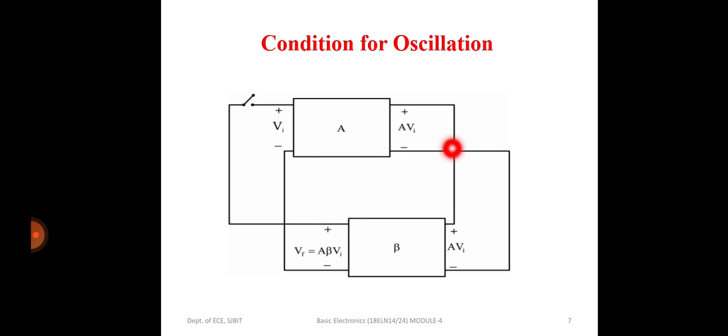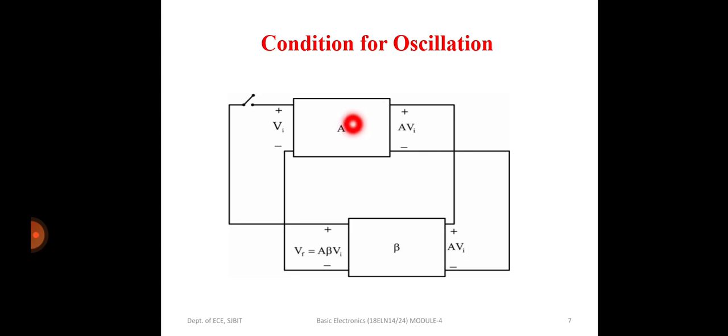Once there is 180 plus 180, this is equal to 360 degrees. So we can say the overall voltage amplification from V in to Vf is equal to 1 and the total phase shift is 360 degrees, or even we call it 0 degrees.